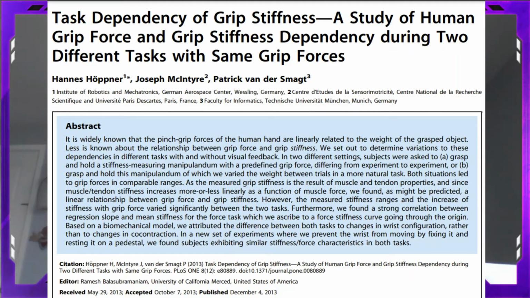Based on biomechanical models, we attribute the difference between both tasks to changes in wrist configuration rather than to changes in co-contraction. In a new set of experiments where we prevent the wrist from moving by fixing it and resting it on a pedestal, we found subjects exhibiting similar stiffness force characteristics in both tasks.